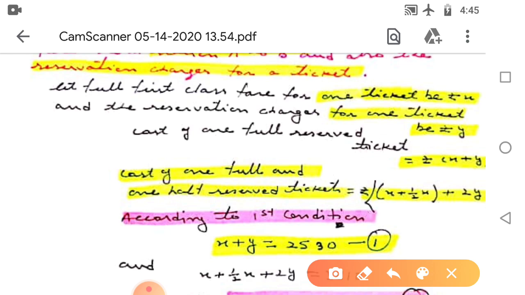Cost of one full reserved ticket is X plus Y. Simple. Fare plus reservation charge gives you the cost of a full reserved ticket, that is X plus Y, and it is given that it is 2,530 rupees. So X plus Y is equal to 2,530 rupees. Clear?